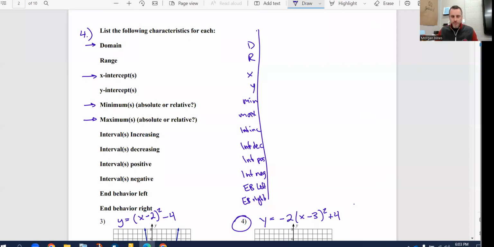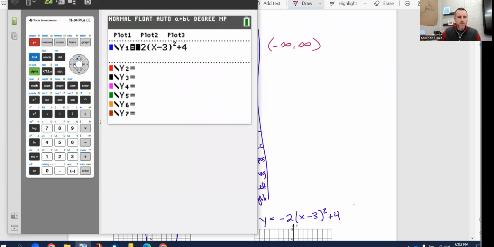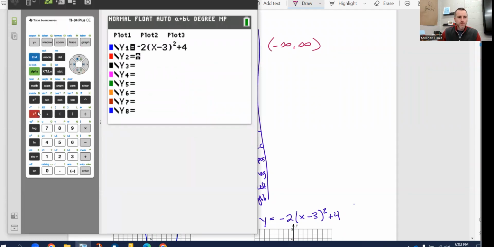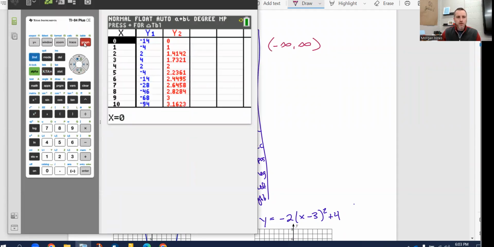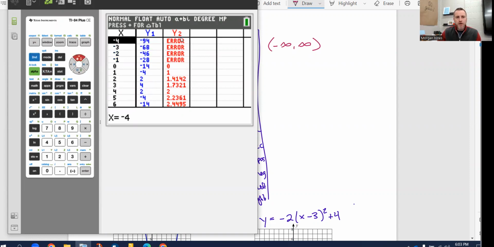And it's later. Okay, so the domain. I told you in the last one, for these quadratics, it's always going to be negative infinity to positive infinity. When would it not be that? If I was dealing with something like the square root of x, look at my table here. You see how it says error, error, error, error?